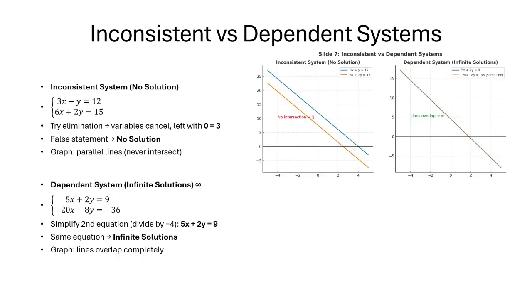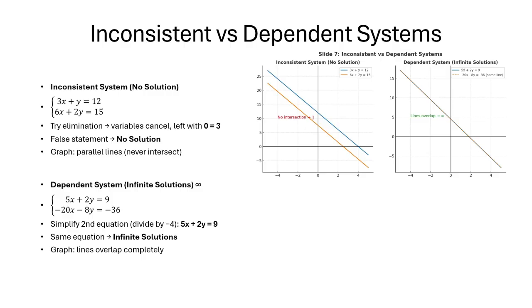We're not going to get into these, so I just kind of want to briefly go over them: the inconsistent versus dependent systems. The inconsistent system equals no solution. So our no solution example will be 3x plus y equals 12, and 6x plus 2y equals 15.